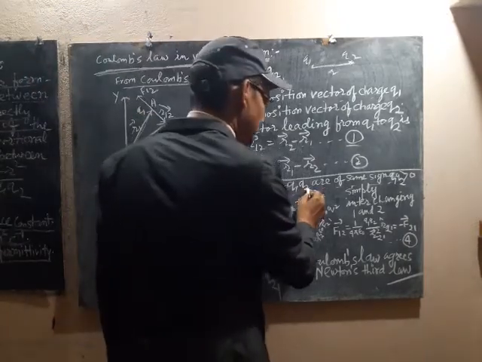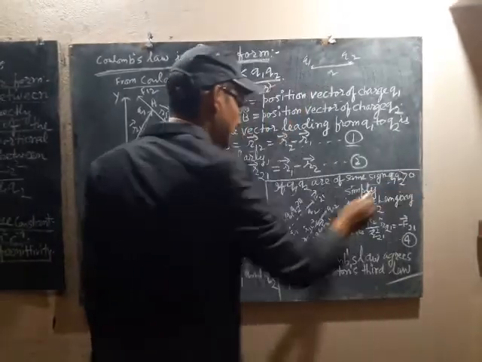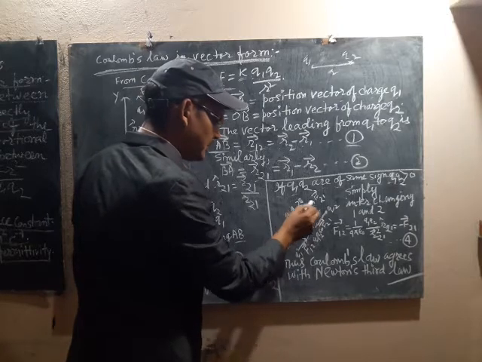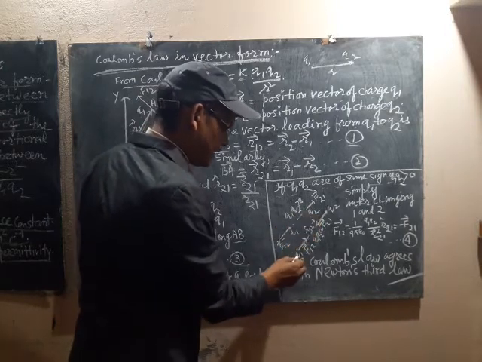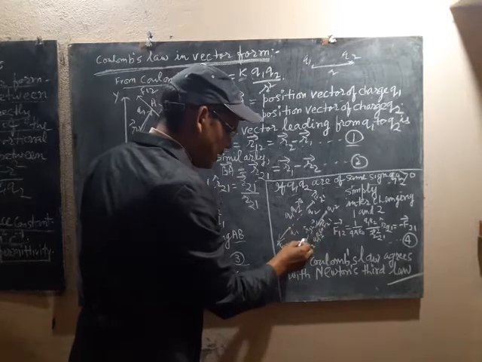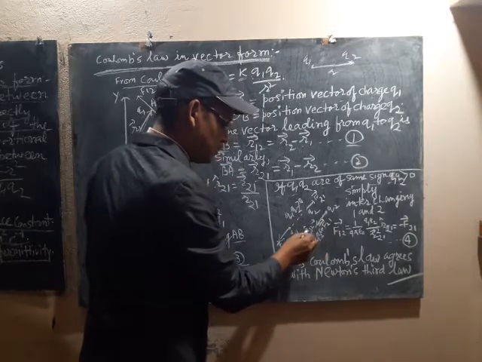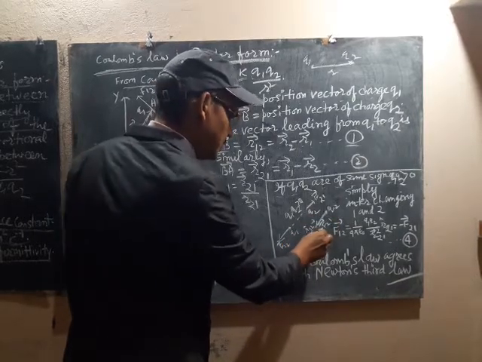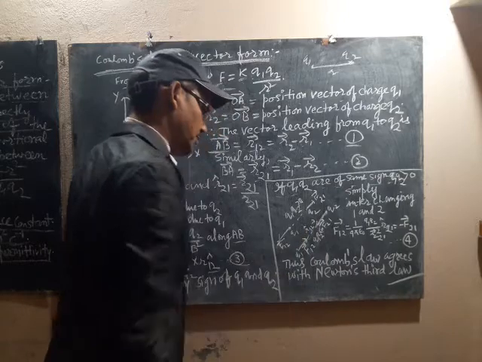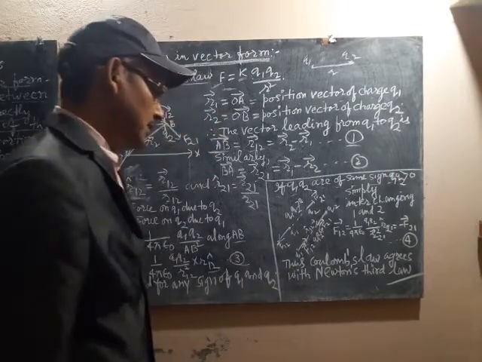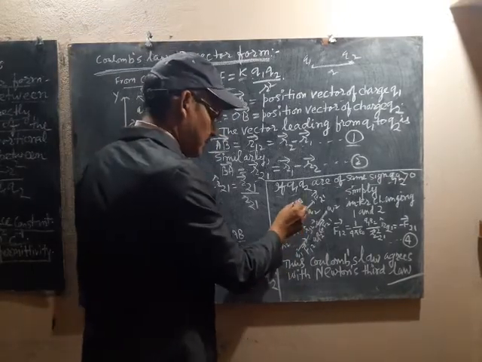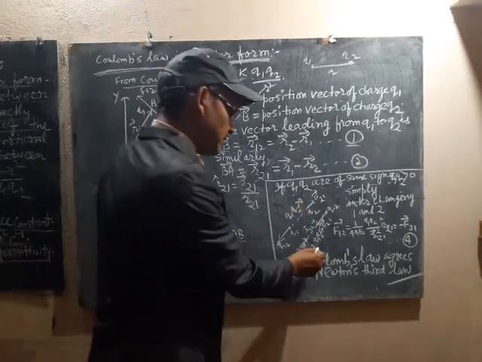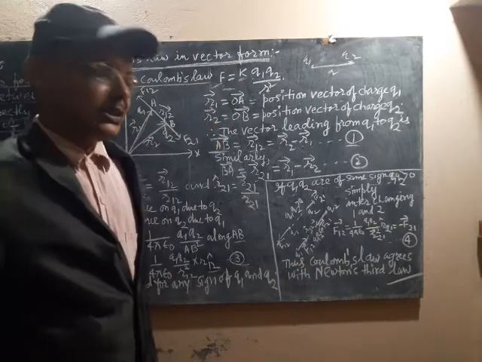So if Q1 Q2 are of the same sign, Q1 Q2 greater than 0, we have F12 and F21. In this other case, the product of charges Q1 Q2 is less than 0.